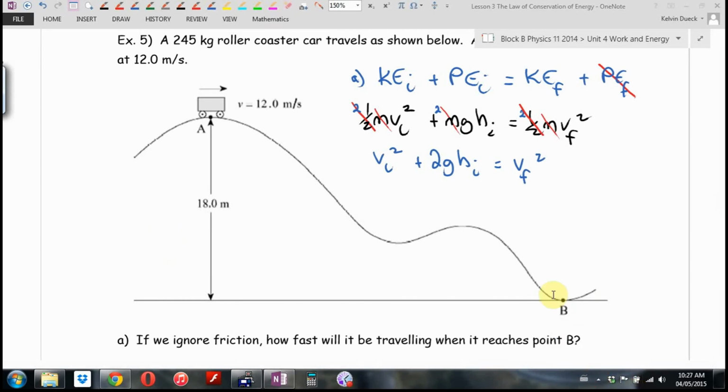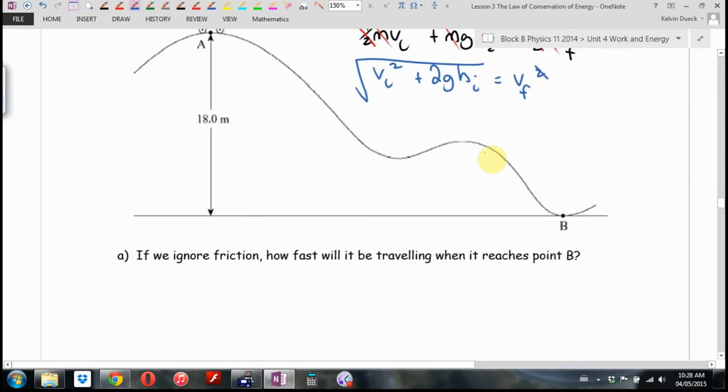What are we trying to get by itself? Vf. How to get rid of a squared? Square root. I'm running out of room, so now I'm going to move down to part A. So we have the final speed, and you'll notice I'm not putting vector arrows because this is scalar, not vector.